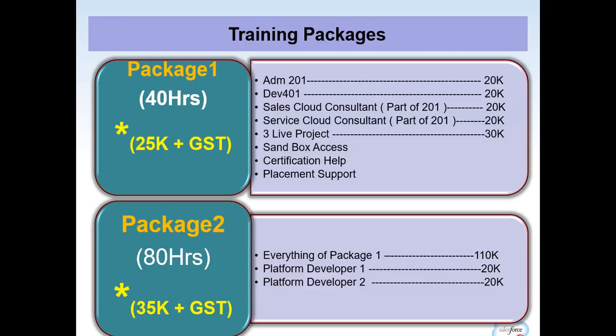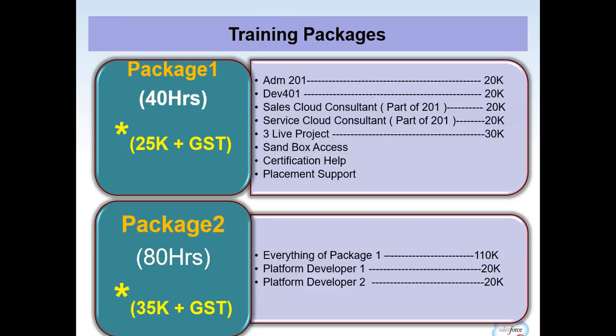If you are interested in becoming a developer, then you need to go for the entire training. So you get everything in package 1, plus Platform Developer 1 and Platform Developer 2. The cost of the total package is 35,000 plus GST. Package 1 duration is 40 hours.